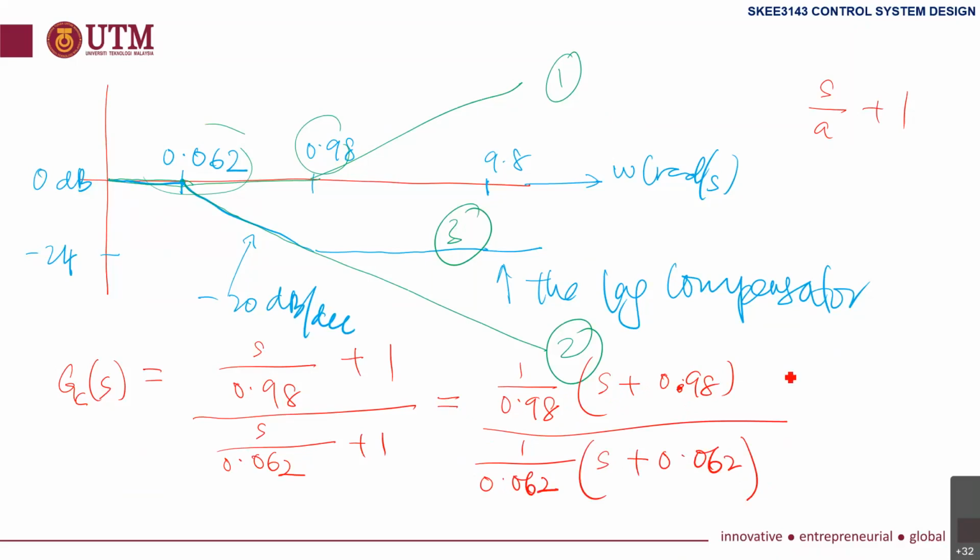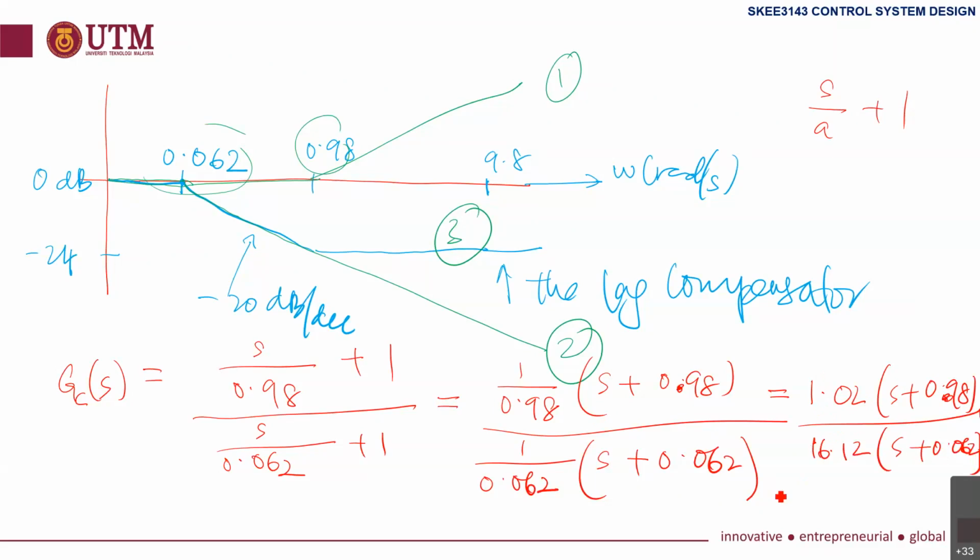If you proceed, it is 1.02 S plus 0.98 divided by 16.12 S plus 0.062.